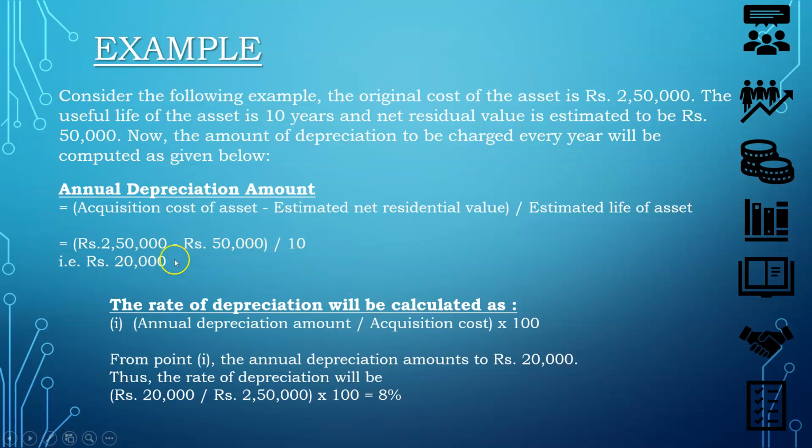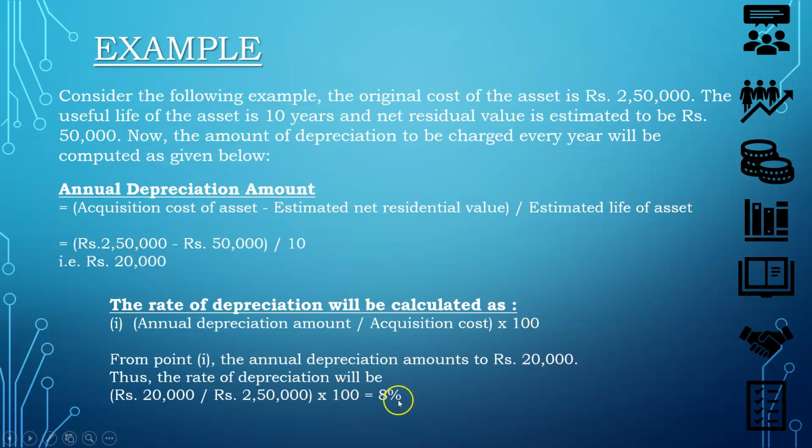So we get 20,000 rupees as annual depreciation, which we will subtract from the cost of asset recorded in the books of accounts yearly. Now the rate of depreciation will be calculated as the annual depreciation amount that came to be 20,000 rupees divided by the acquisition cost, that was 2,50,000 rupees, multiplied by 100.